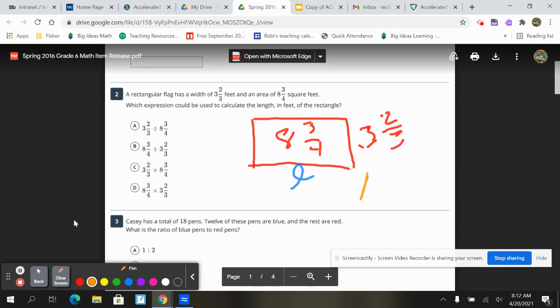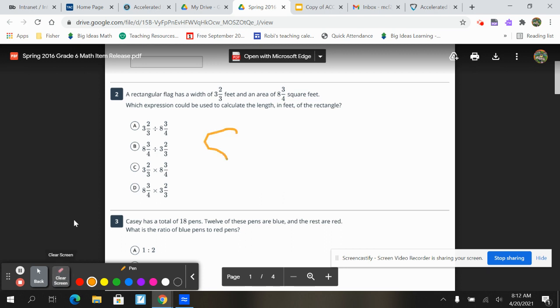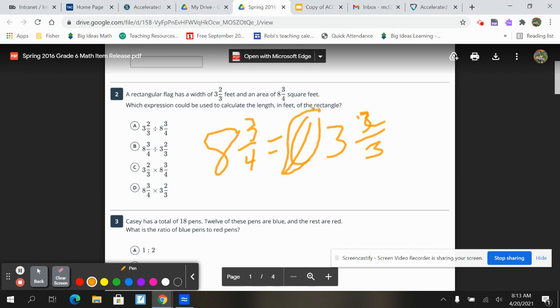Okay. How about knowing the formula? Oh, yeah. How about plugging the numbers in where they go? 8 3/4. And let me do this. 8 3/4 is equal to, you don't know the length, and you know that it's 3 2/3. So how do you solve for the length is what they're asking.